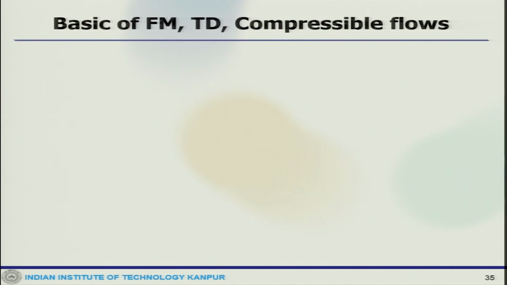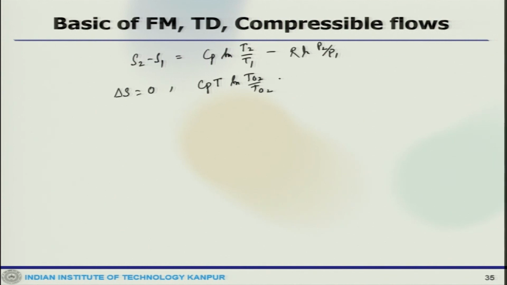And again we can write the change in entropy, which is delta S, let us say S2 minus S1 equals Cp ln T2 by T1 minus R ln P2 by P1. So, the delta S is 0, which gives Cp ln T02 by T01 equals R ln P02 by P01.